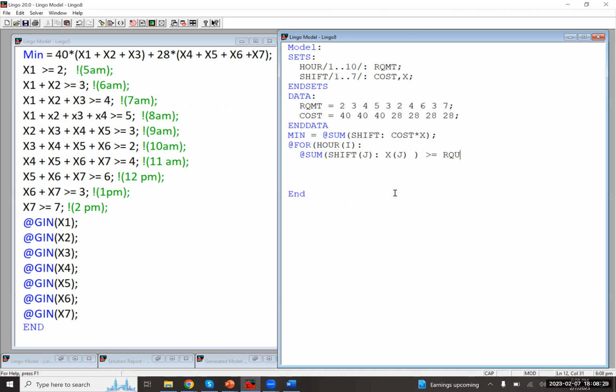So RQMT requirement I. Okay, and then just make sure we match parentheses. See here, we have red color, and up here we also have red color there. Okay, and then end the statement.